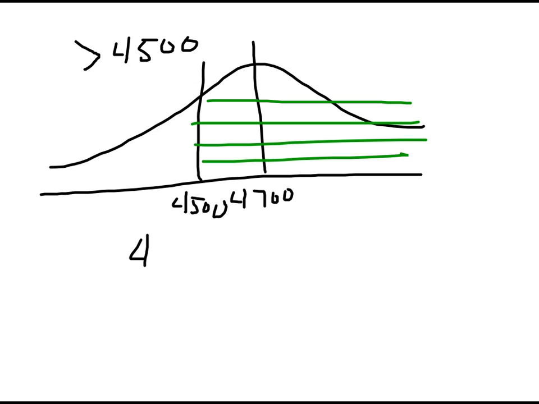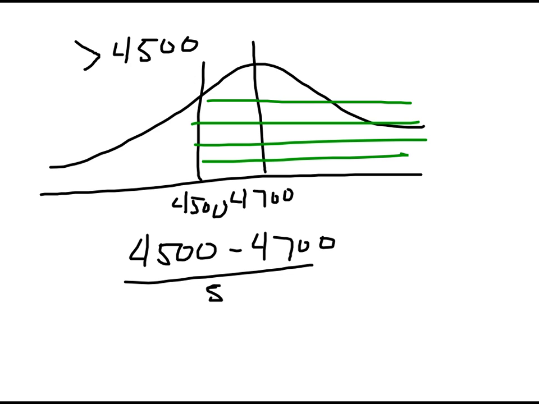So we're going to take 4,500 minus 4,700 divided by 500. And that gives us a z-score of minus 0.4, which gives us a probability of 0.65542.